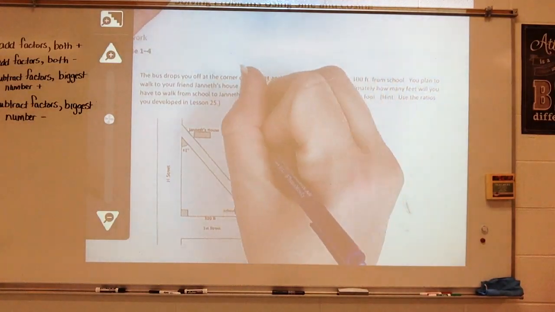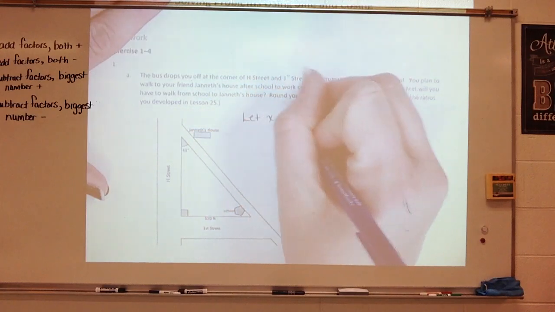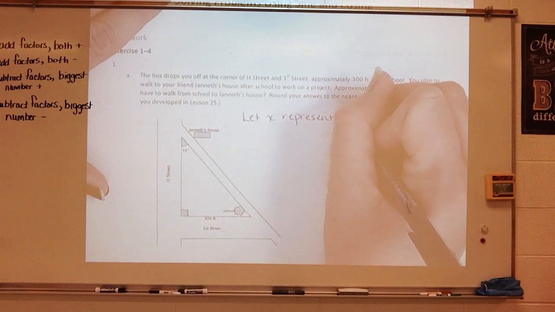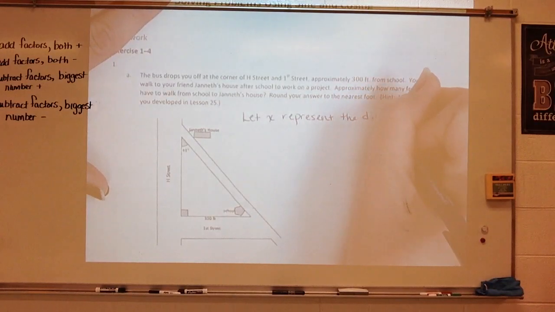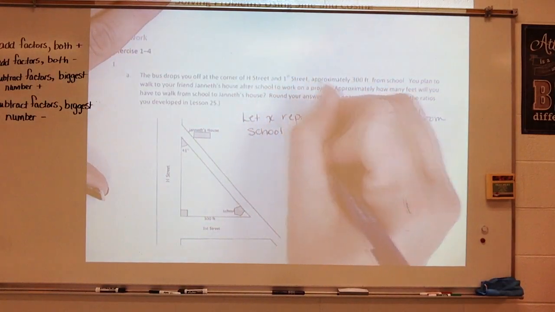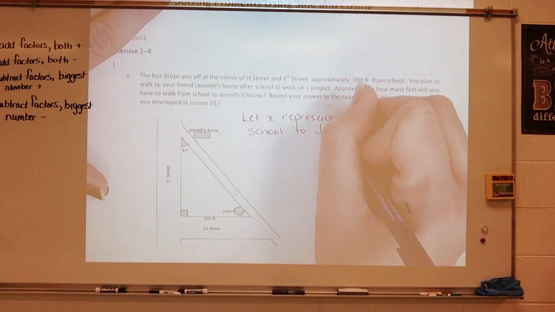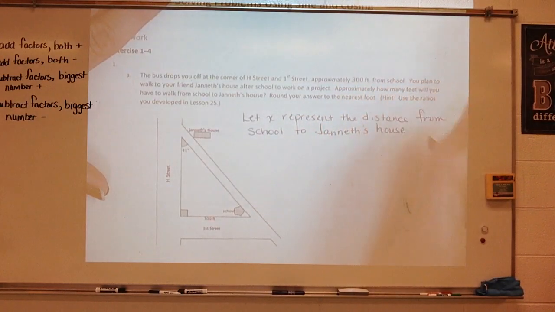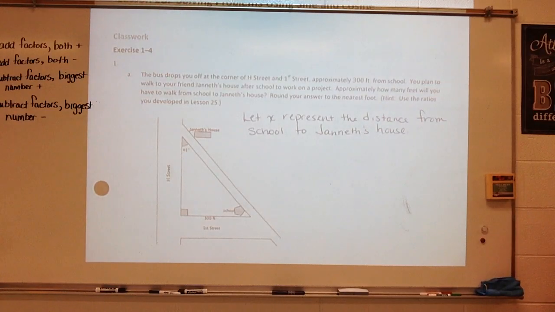So we're going to let X represent the distance from school to Janet's house. Okay, now I can't use the Pythagorean theorem because I don't have two measurements on my side.